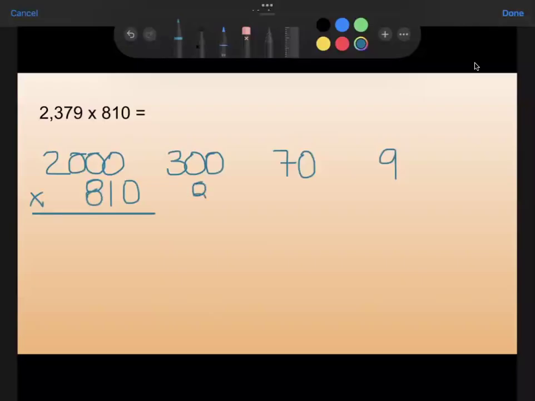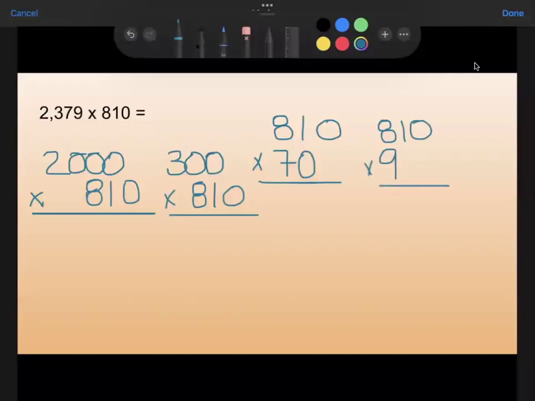This one I can also do down here because it is the same number of digits. This one gets a little confusing, right? So I'm going to go ahead and put the 81 with the extra 0 up here. And in fact, I might do an even more of a shortcut there. We'll get to that one when we get to it. And then this one, I'm going to put, again, the 810 up here because it has more digits. And again, I might realign that one before we start.